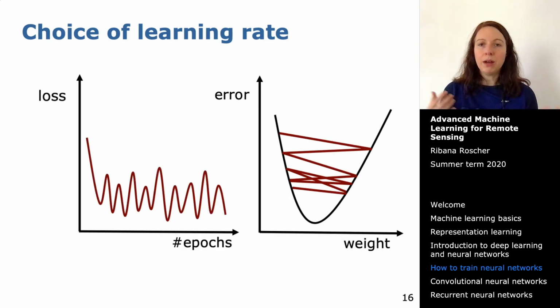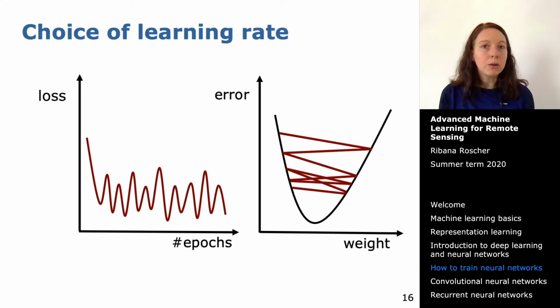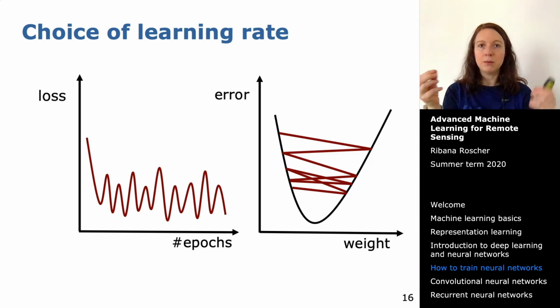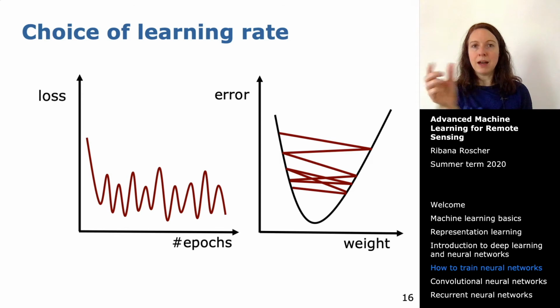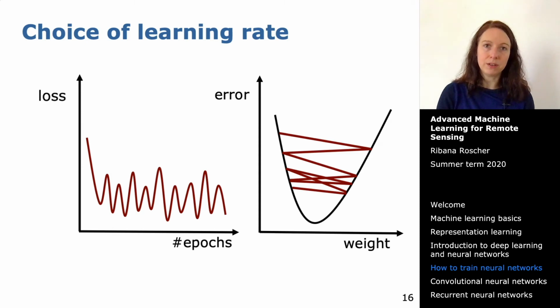If you have the loss landscape around a local optimum or even a global optimum, and your learning rate is too high, you just jump from one side of the loss landscape to the other side. Because the step is too large, you jump to the other side and back, and so you are never able to go down to a smaller value of the loss function.